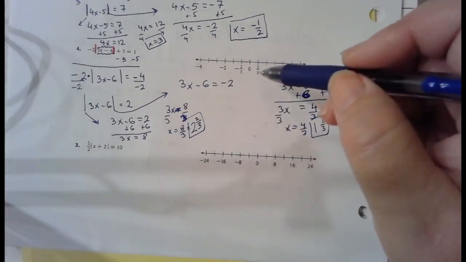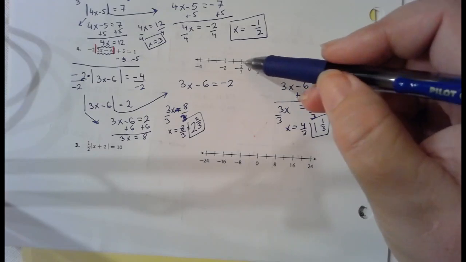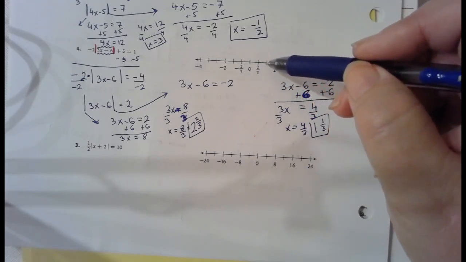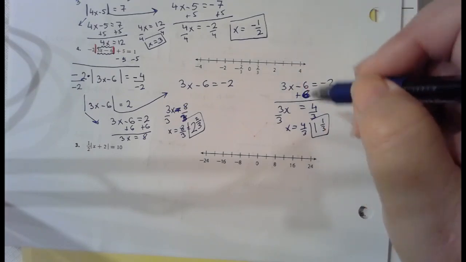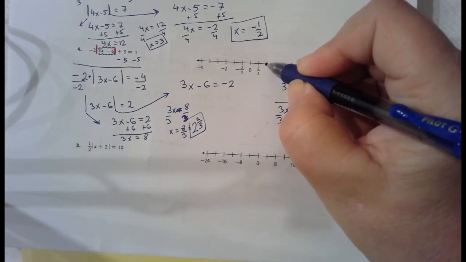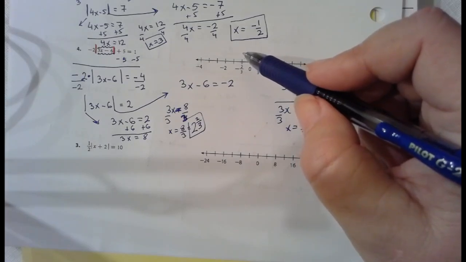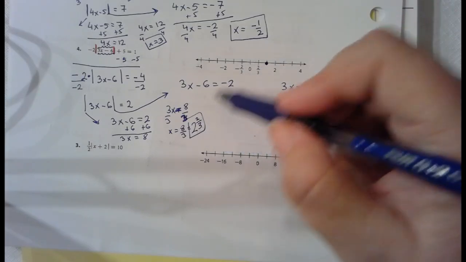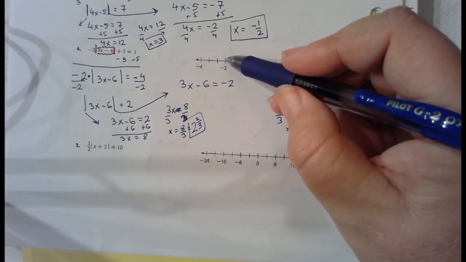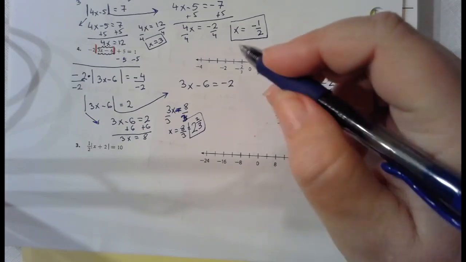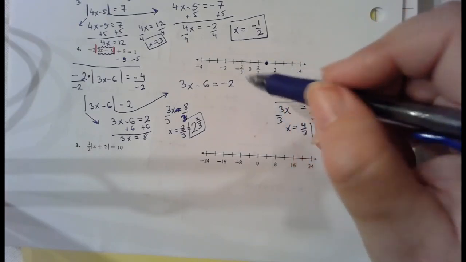So if you look at the number line, each one represents 2/3. So it goes by 2/3. So if I have 4/3, right? So my positive 4/3 would be here. And my 8/3 would be, so 2/3, 4/3, no, that's not right.